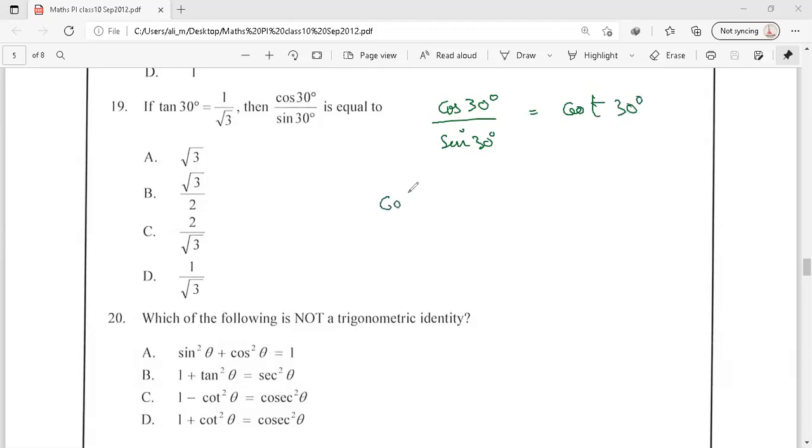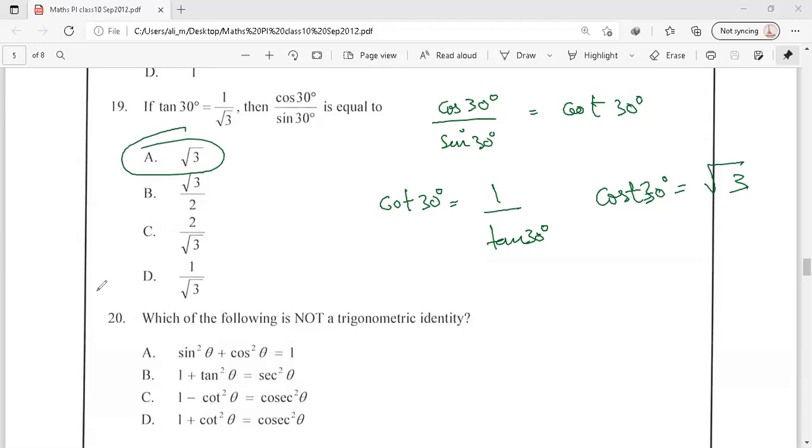And similarly, cot 30 degree is equal to 1 over tangent 30 degree. So the value of tangent is 1 over root 3. So the value of cot 30 will be equal to root 3. Option A is the right answer.